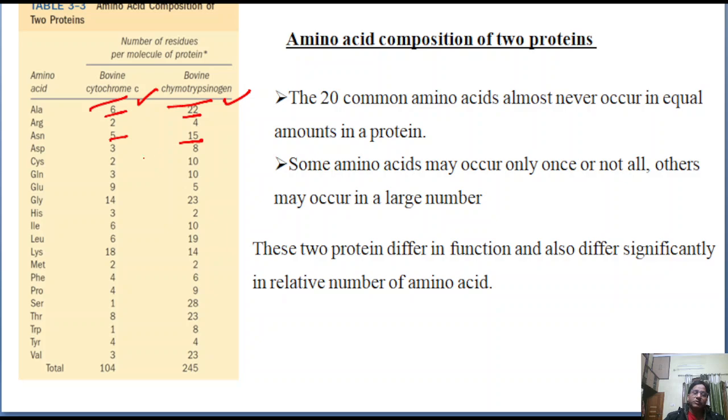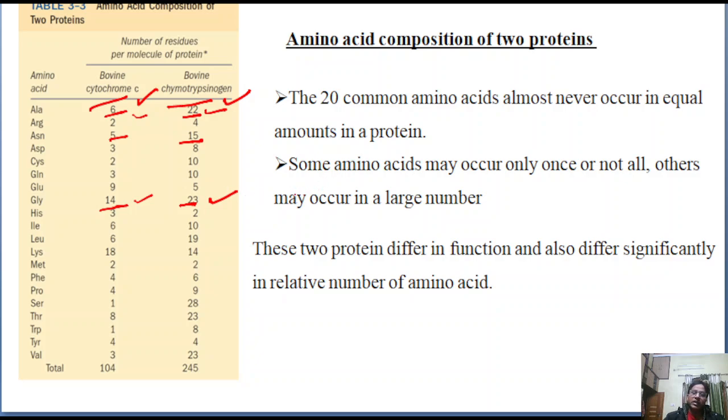So it is not that all 20 amino acids are found in equal numbers in all proteins. The numbers will vary. If alanine is found 6 in number in one protein, in another protein it is found 22, and in a third protein it can be 18. So the frequency of the amino acid can vary. You can see glycine here is 14 in this protein, and here it is 23.